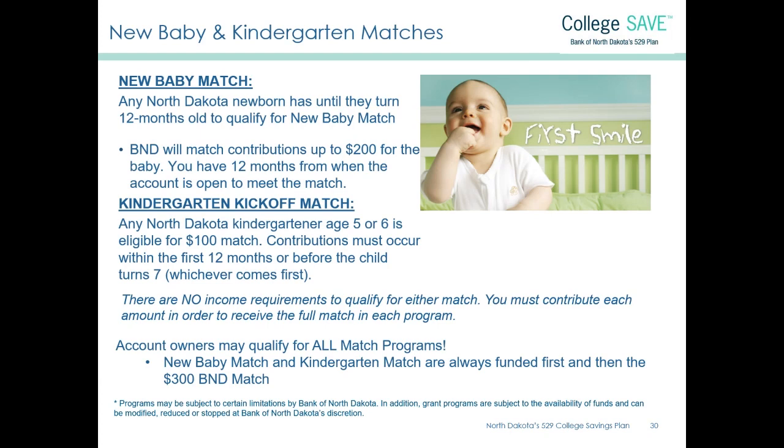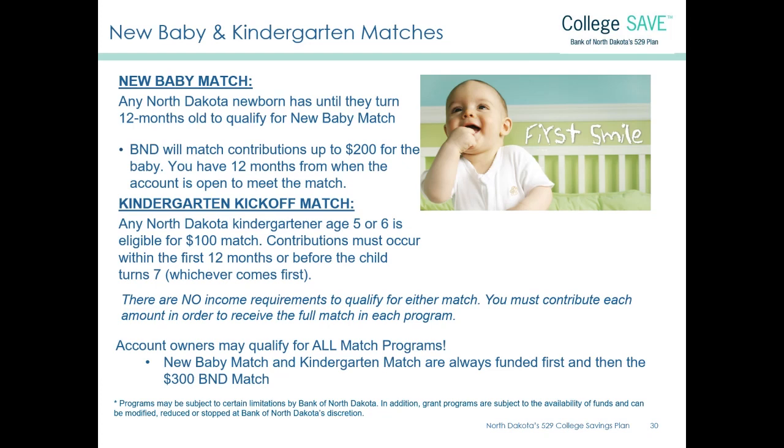The New Baby Match is a spectacular program that allows every single newborn in the state of North Dakota, whether they're born here, get adopted here, are fostered here, or move into the state before they turn 1, a $200 no income restriction match. So as long as you open up a College Save Plan account before the child's first birthday, we're going to match the first $200 you put into the account.